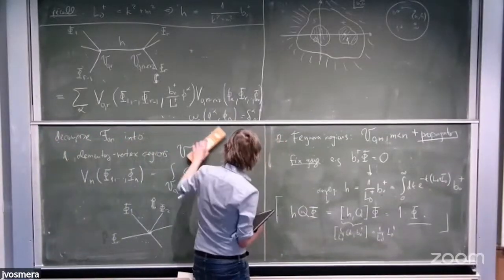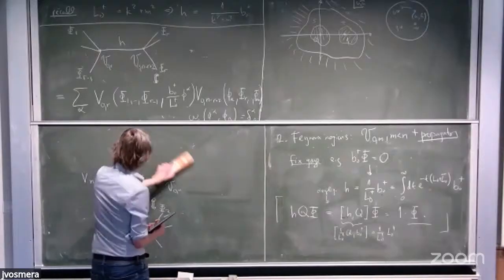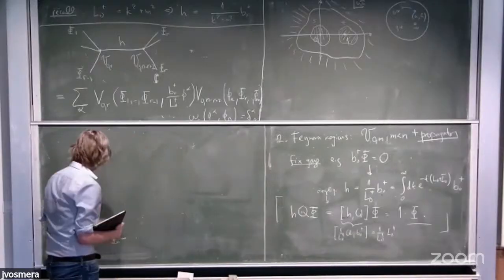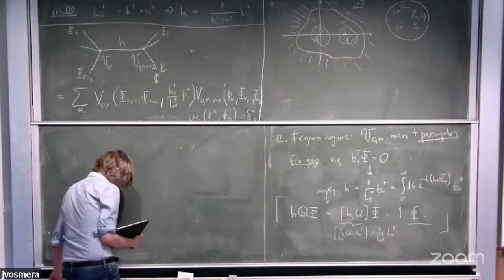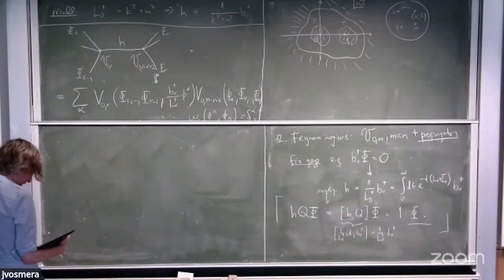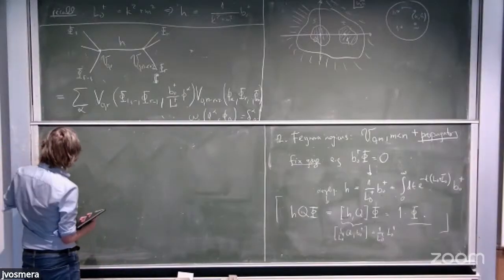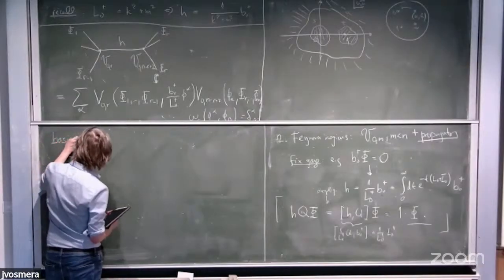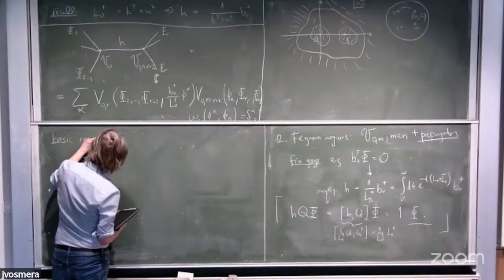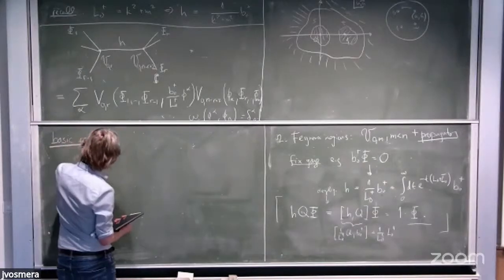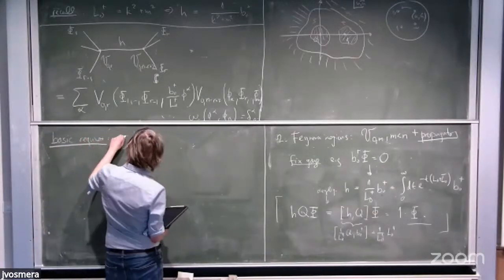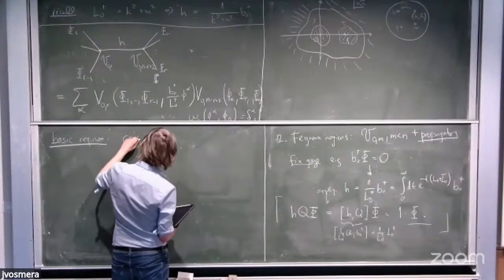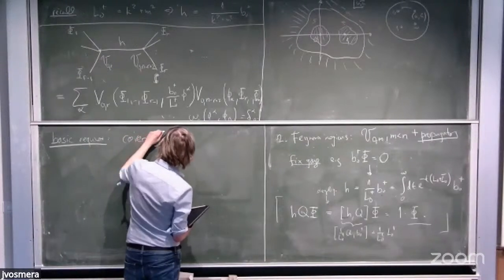So then the basic requirement which should go into the construction of these vertices is that this Feynman diagram decomposition, which I was trying to sketch, exactly covers this space F0.